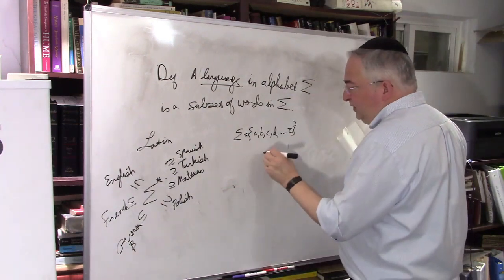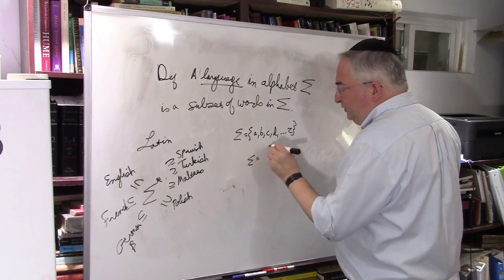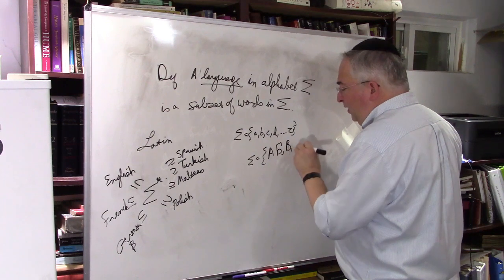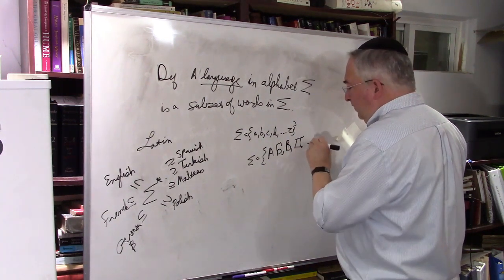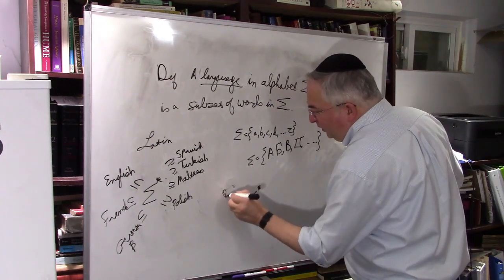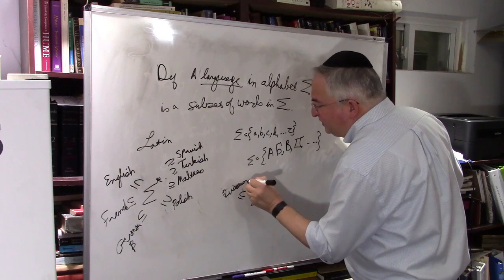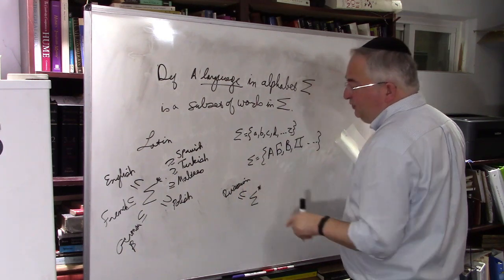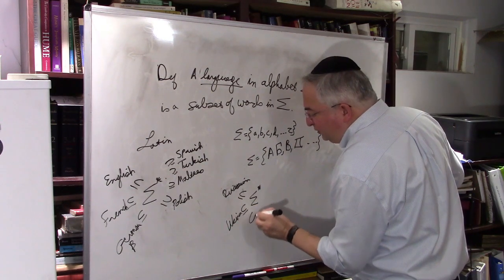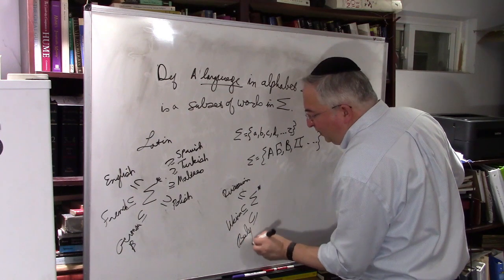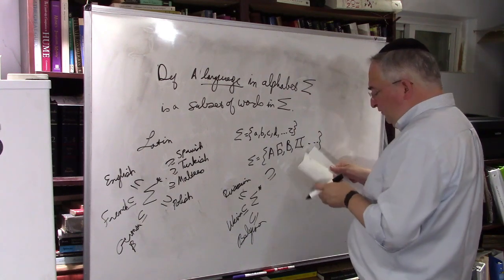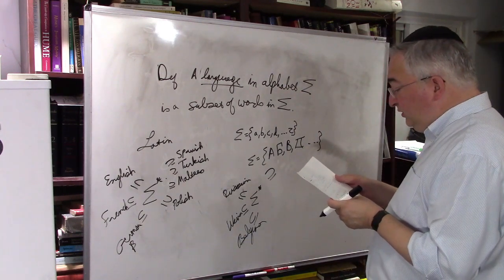As opposed to that, let's talk about Russian. This is the Cyrillic alphabet, and lots of different languages use that: Ukrainian, Belarusian, which may be a variant of the same language, and so on.